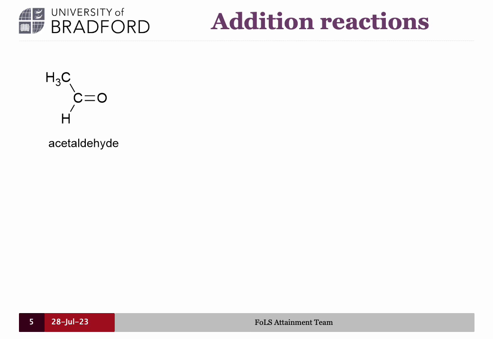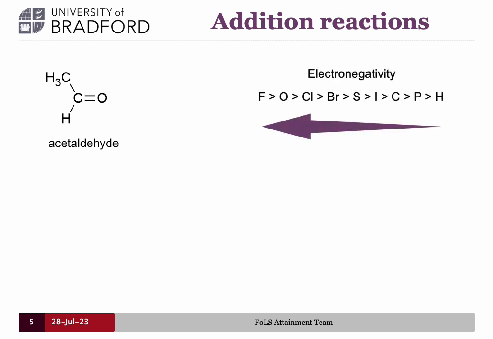Again, if we look at the scale, we will see that oxygen is much more electronegative than carbon. So this will give carbon a slightly positive charge, denoted by the delta plus sign, and oxygen a slightly negative charge, denoted by delta minus sign.